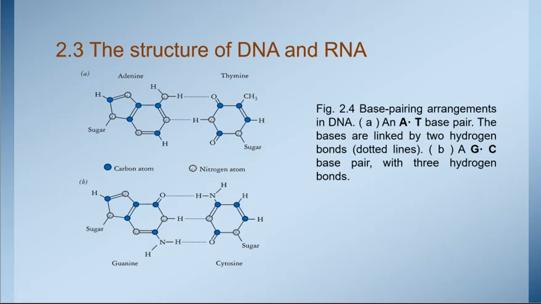The bases are held together by hydrogen bonds, two in the case of an A to T base pair and three in the case of a G to C base pair. So, the structure and base pairing arrangement of the four DNA bases is shown here in Figure 2.4.